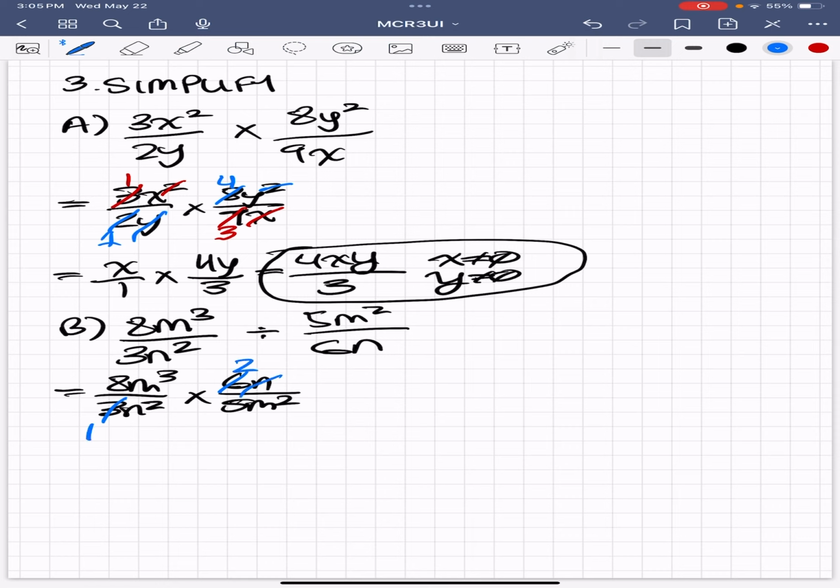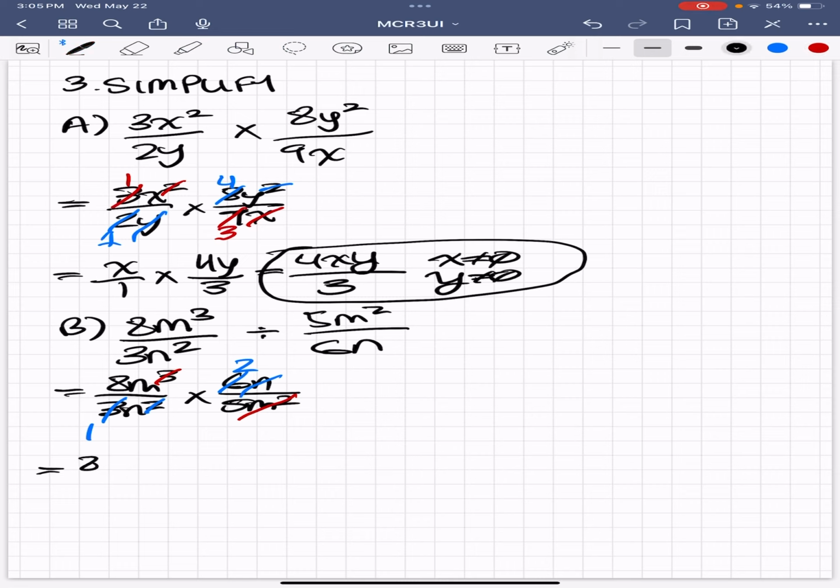I cross out that n and then I cross out that 2 right there, because n and n squared are divisible by n, so n would be crossed out and n squared would now just become n. I have an 8 and a 5 and I can't do much with that, but I can cross out this m squared and this m cubed. m squared and m cubed are both divisible by m, so m squared would be crossed out and m cubed would just become m.